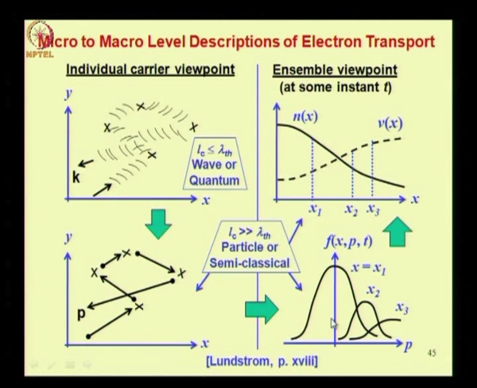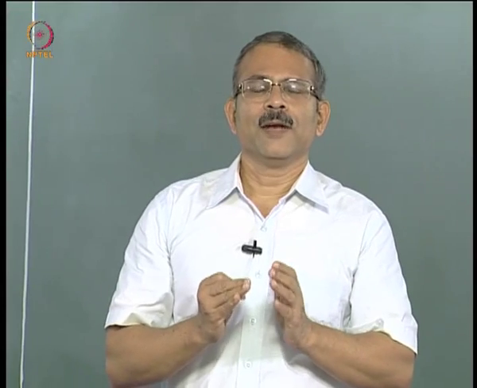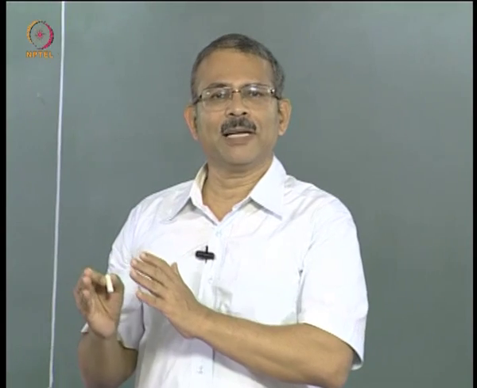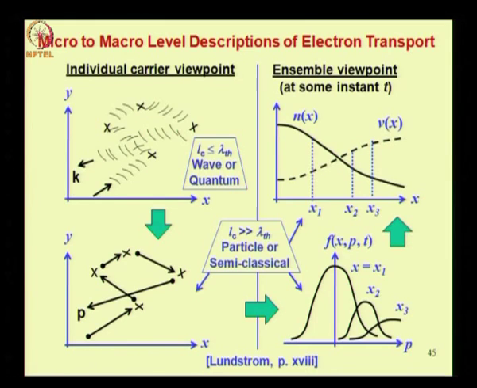So the average momentum information is, in some other form, the information about the average velocity of carriers. Therefore you find here that the carrier velocity is increasing as you increase x.